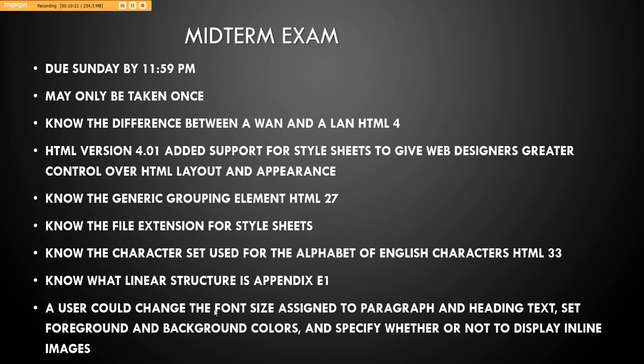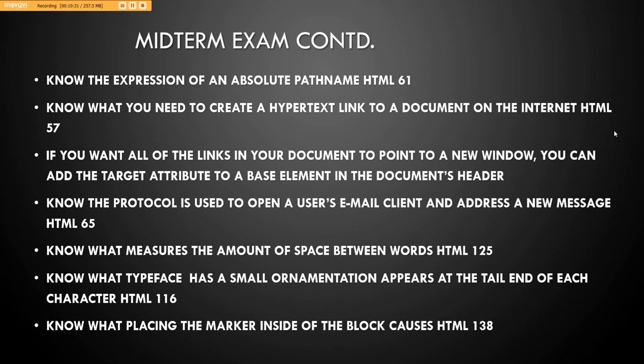A user could change the font size assigned to paragraph heading text, set foreground and background colors, and specify whether or not to display inline images. Know the expression of an absolute path name. That's on page 61. Know what you need to create a hypertext link to a document on the internet, HTML57.